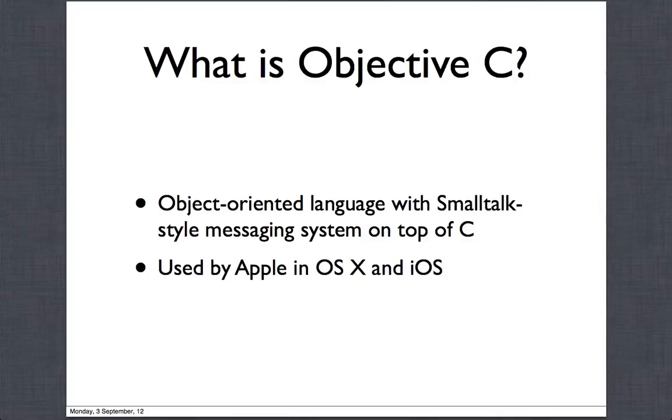Smalltalk is a programming language that was highly popular about 20 years ago, and it was a truly object-oriented language. So the way you create classes and call methods of those classes is a bit different than you are used to if you know C++ or Java.